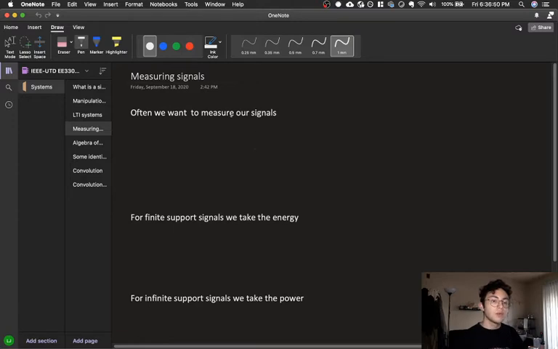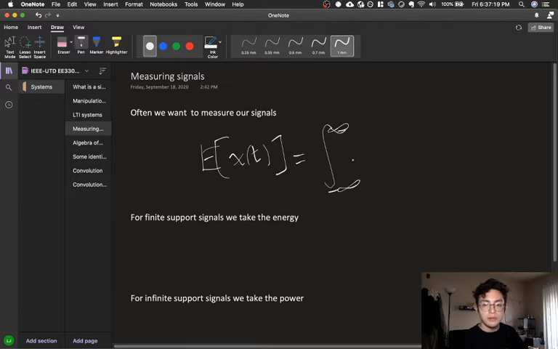If we have a signal with finite support, then it's absolutely integrable. We define something called the energy of the signal. If we denote that with an E, then the energy of this signal x is just the integral from negative infinity to infinity of the magnitude squared of x of t.